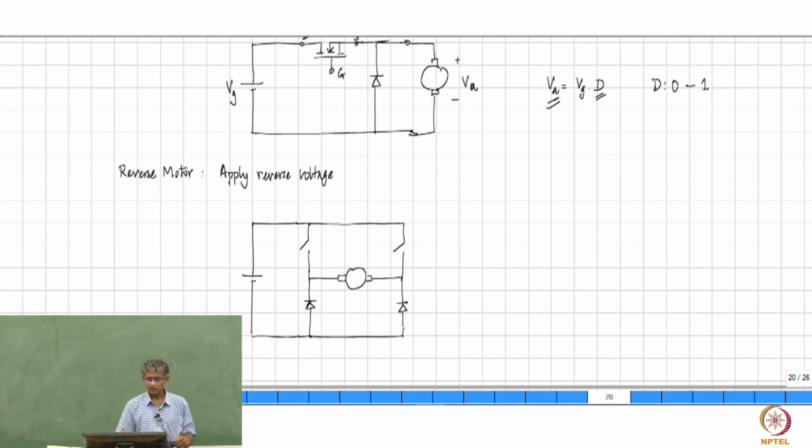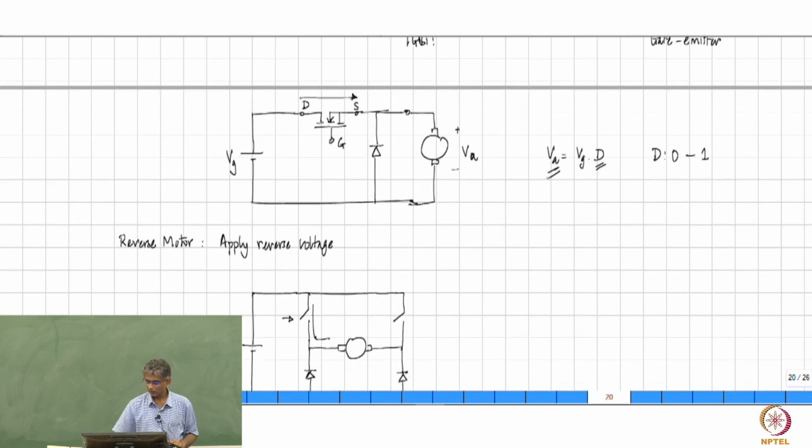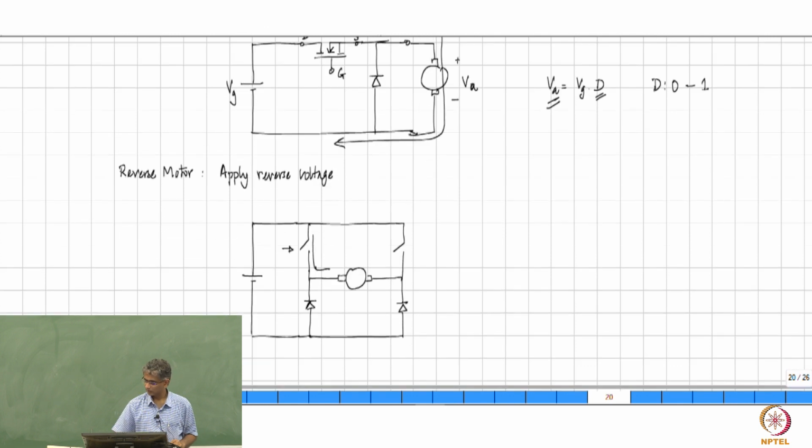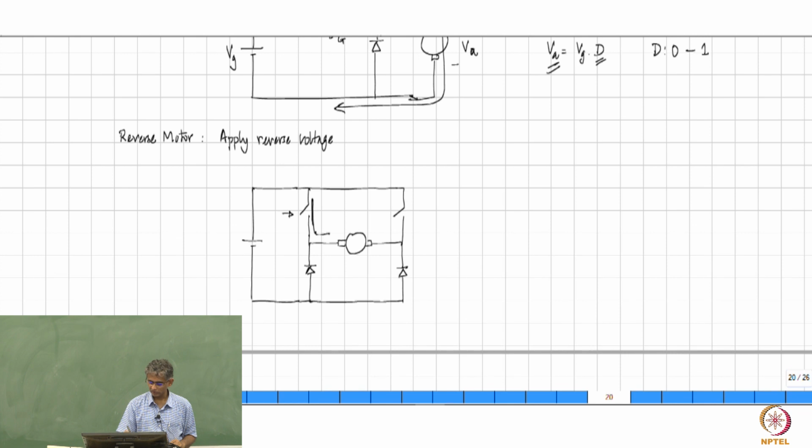So, if you want to operate it in one direction, where you want to control this switch, then you want current to flow like this. When the switch is on, you had the current flowing like this through the motor, it comes here. So, in a similar fashion, you want the current to flow like this through the motor and it has to flow back like this. But unfortunately, the diode blocks. You cannot allow this current.